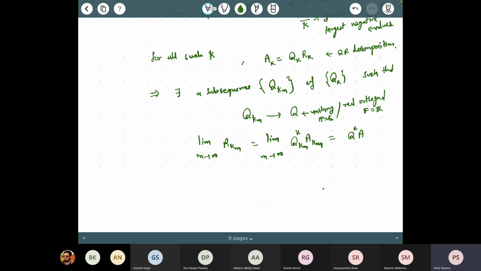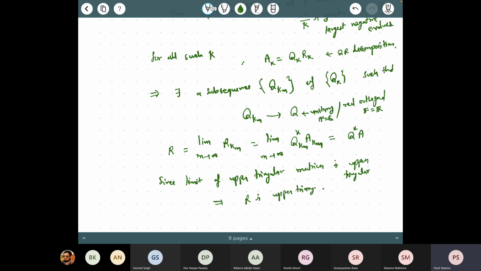But what about the left hand side? Let us call the left hand side limit R. Since all these matrices are upper triangular, and the limit of upper triangular matrices is again upper triangular, this implies R is upper triangular.